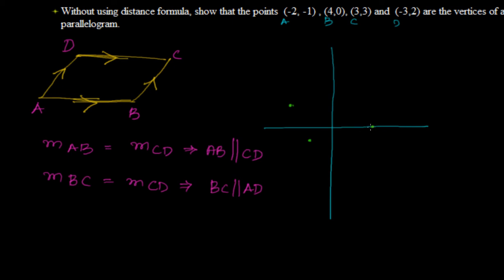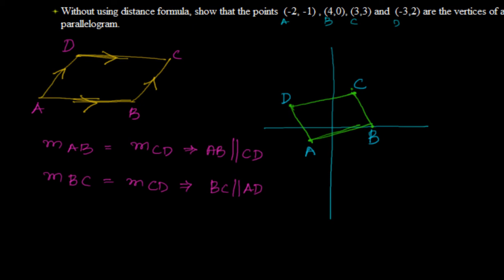Then we have 3 comma 3. So we have to prove that these are vertices of a parallelogram. This is how it comes out. Let us take those points and call them A, B, C, D.